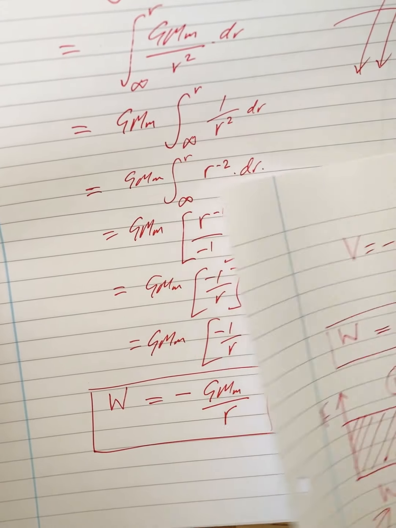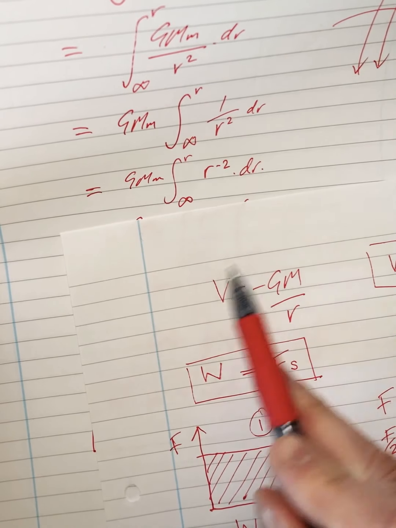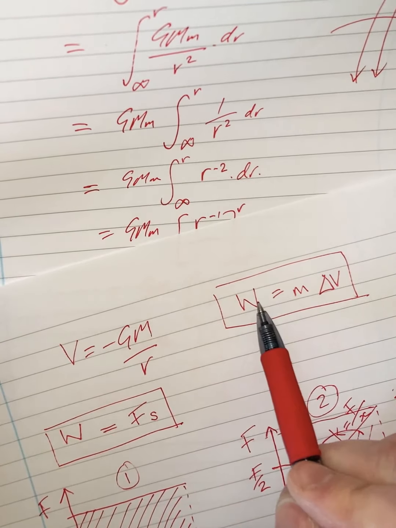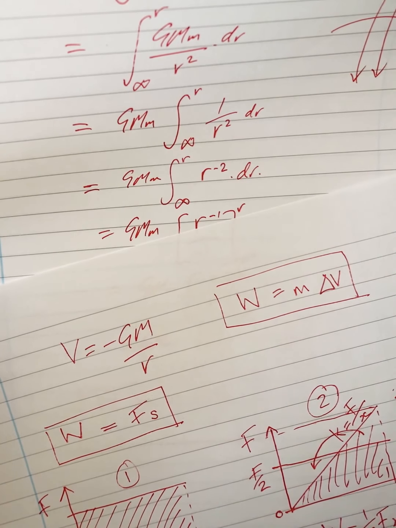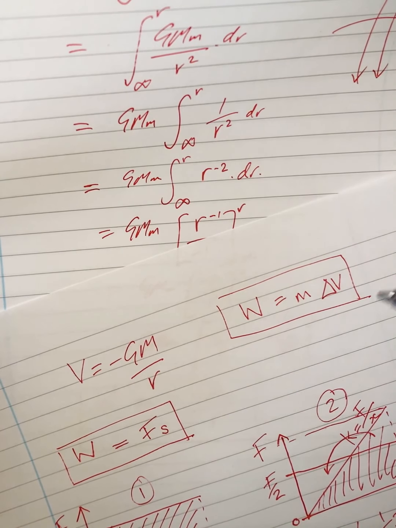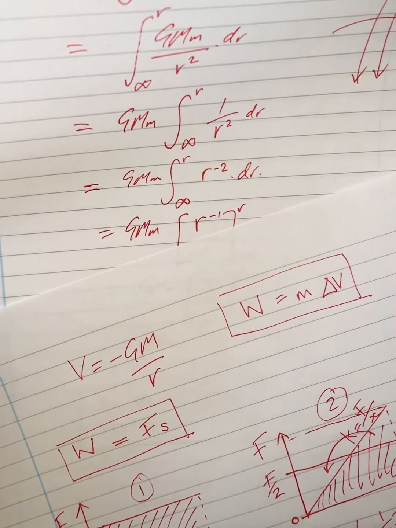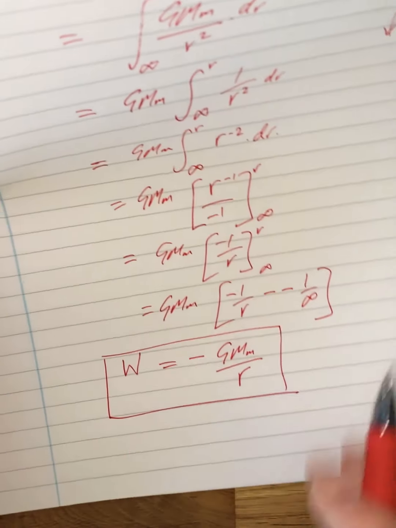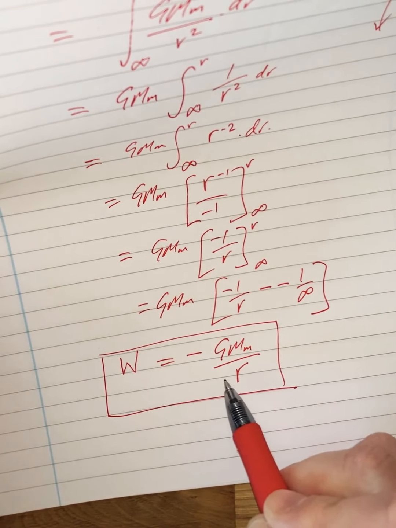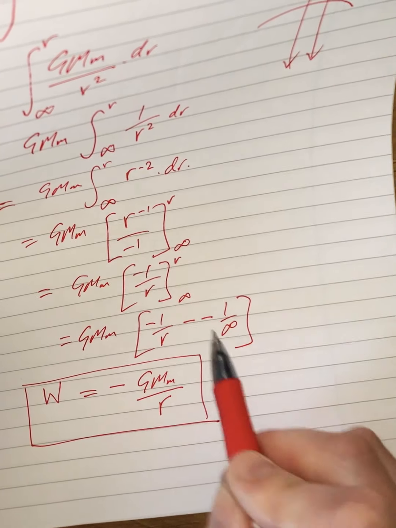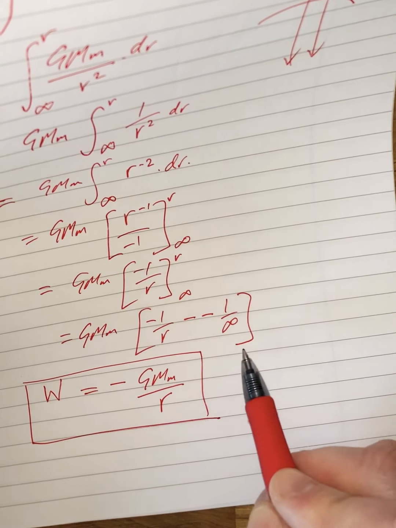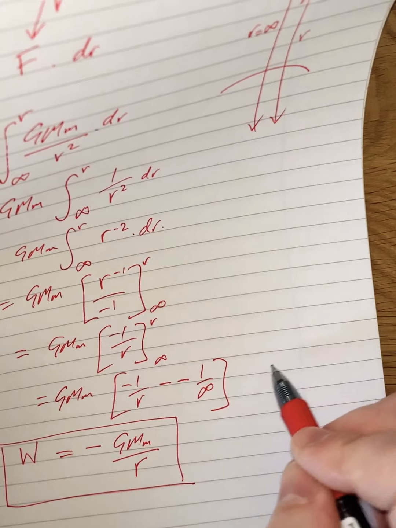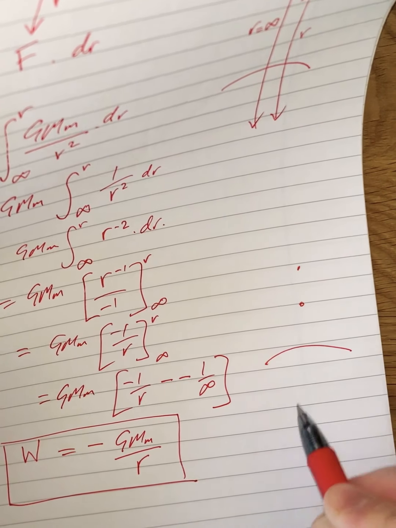And so we want to show this, for we know that the work done is equal to mass times the change in potential. Now, this is the change in potential. This is actually, by definition, what the potential is at a point. You could go from any point to any point.